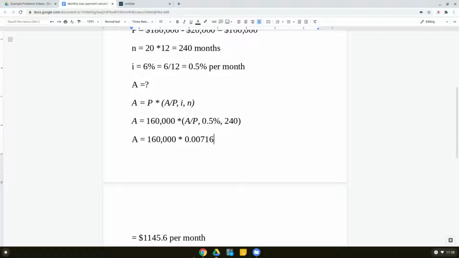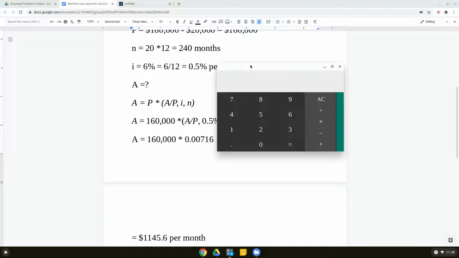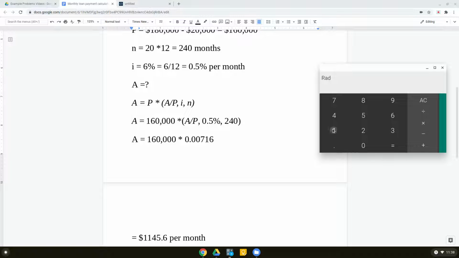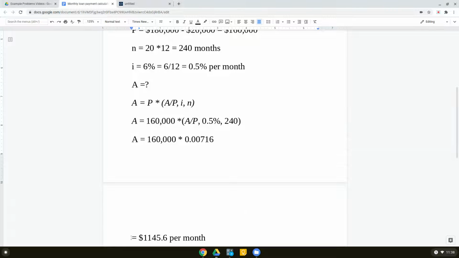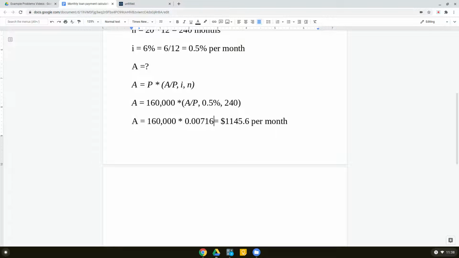So I have it here, and then you can do the multiplication. $160,000 times A given P, which is 0.00716, and that is $1,145.60 per month.